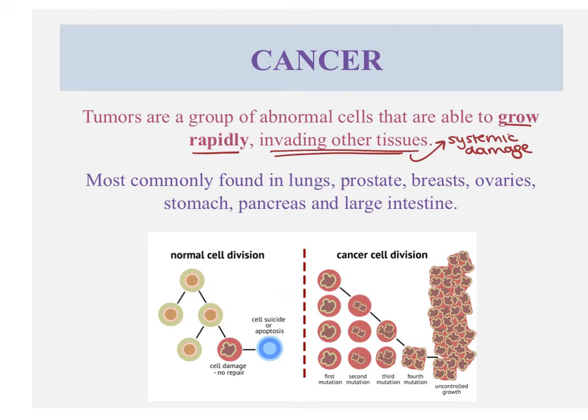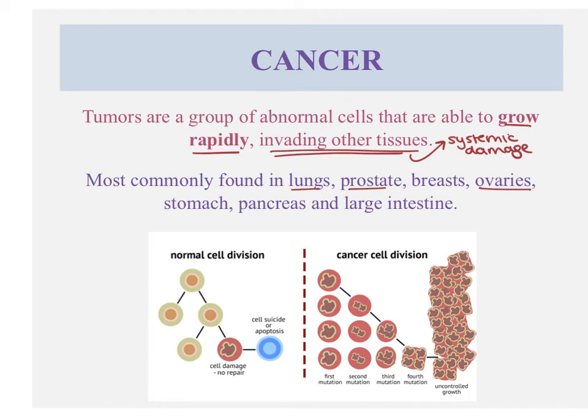So cancers are most commonly found in the lungs because our alveoli need to be replaced all the time because they're going to get damaged maybe by particulates and things like that. The prostate is involved in semen production in men, and the ovaries in women, causing things like gamete production and the release of an egg during menstruation.